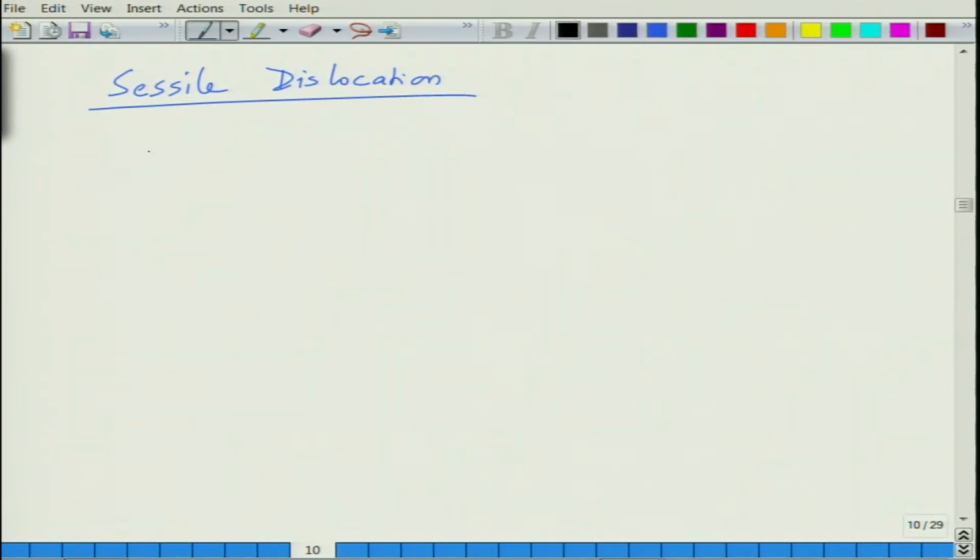So, let us say we have these three Burgers vectors, the red one, the black one and the blue one. Let us say this one is half 1 bar 1 0, this one is half 1 0 bar 1, and this one is half 0 bar 1 1.